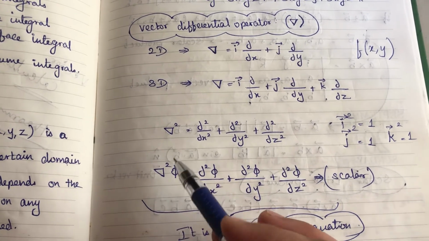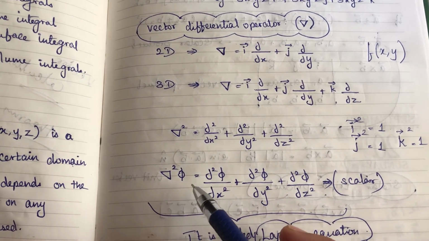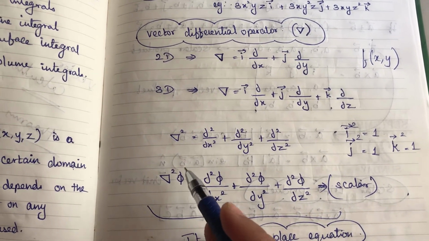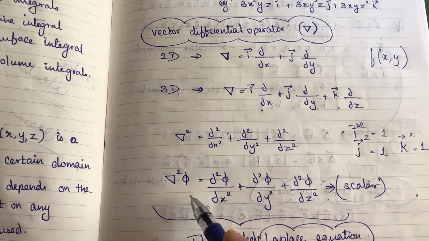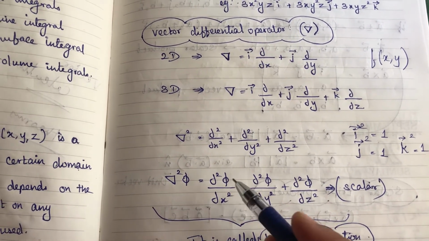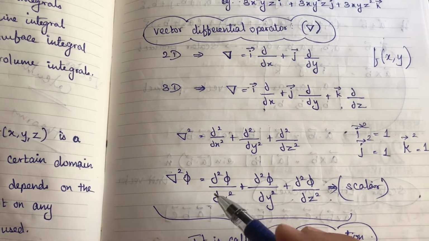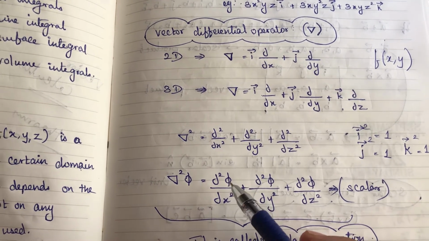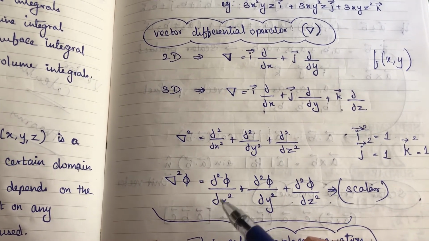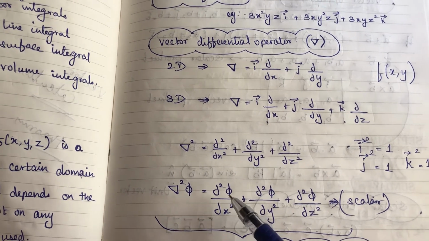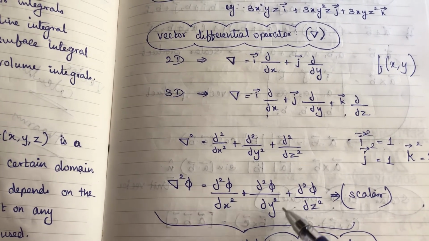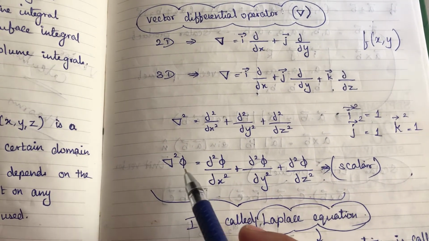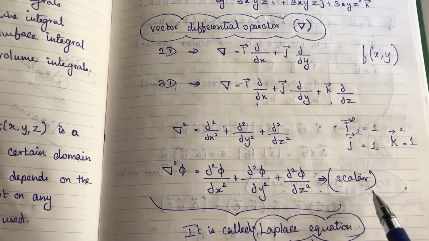this del square, if it is applied to a function, will give a scalar value. Del square of function phi: we need to differentiate this phi function 2 times, with respect to x, with respect to y, with respect to z. So del square of a function always gives the scalar value.